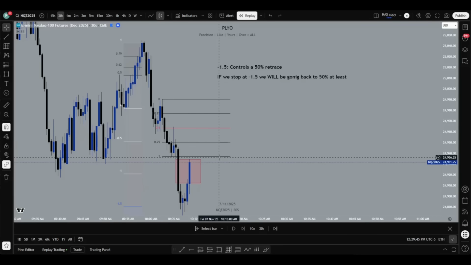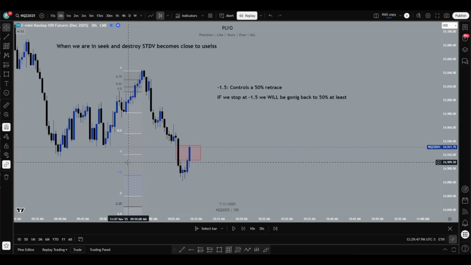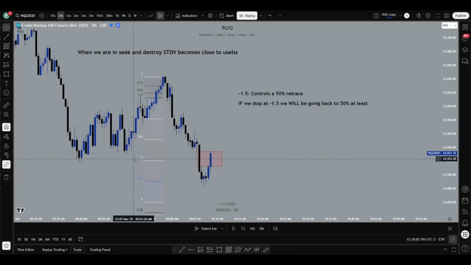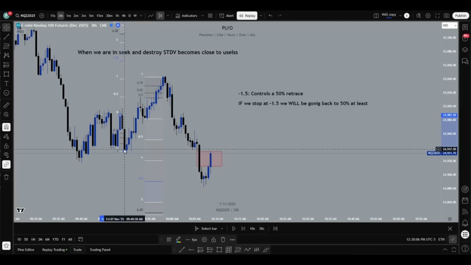Okay, cool. On a grand scale, if we have a bigger standard deviation, of course that was a tight little range one, if we have a bigger one, you're expecting us to get back to 50% from wherever your standard deviation is. No different than how I said if we stop at negative 1, you're expecting the low of your standard deviation from where you created it to come back to this low instead of the main low.